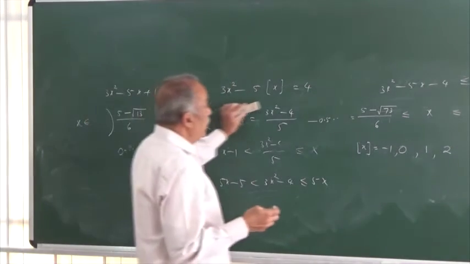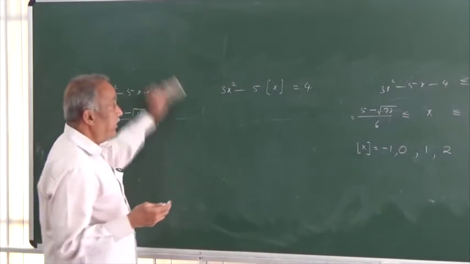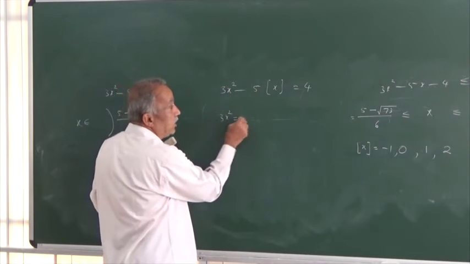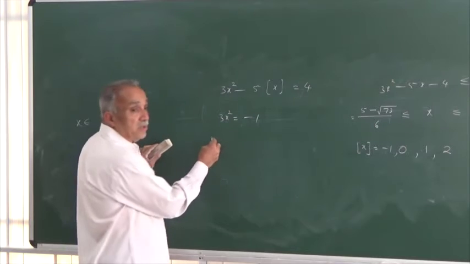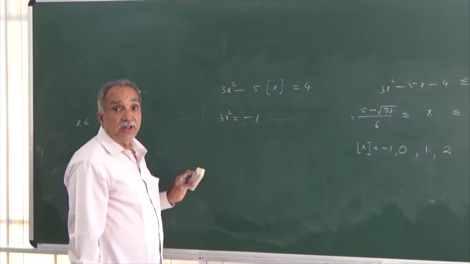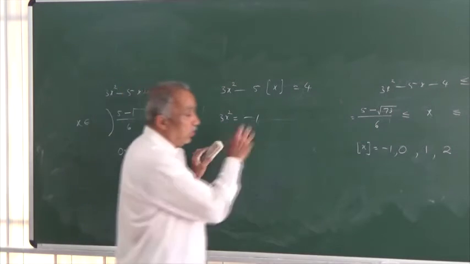Okay. One by one. Suppose the integer part is −1, the equation becomes 3x² = −1. x cannot be real, x is non-real, you will not get any real root for the equation. Okay, reject it.